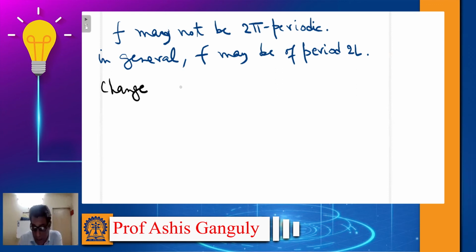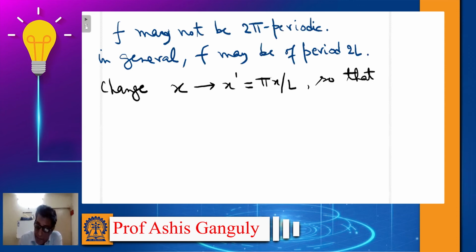To change the variable x to x prime equal to pi x by L. So you actually map the period.